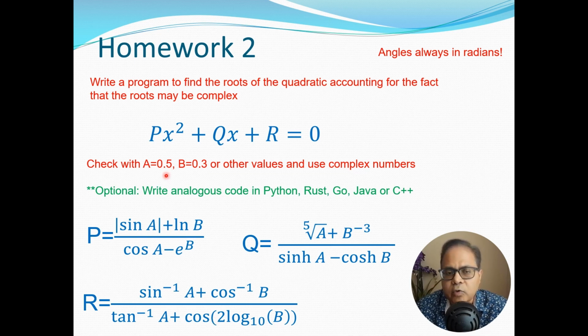Now you can check this whole thing with some values. I have just cooked up some values like a is 0.5, b is 0.3, and you may use different values also. In many cases you may land up with complex numbers if you choose random values. In those cases you can use the complex number aspects of Fortran also.